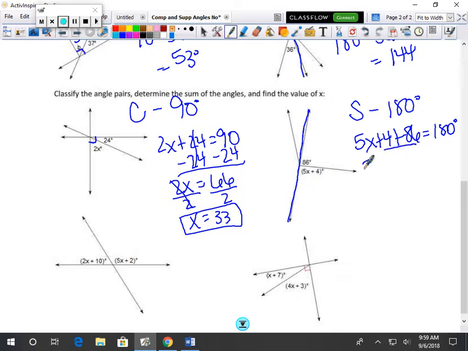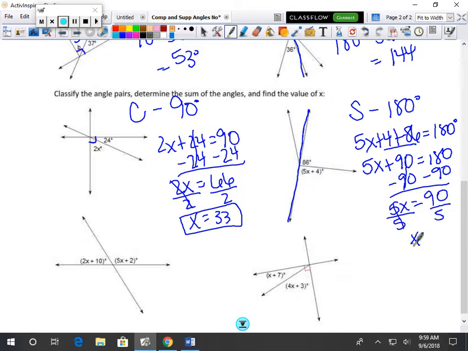I combine like terms. 5x plus positive 4 plus 86 gives me 5x plus 90 is equal to 180. I subtract 90 from both sides, and I get 5x is equal to 180 minus 90, which is 90. Then I divide by 5, and x is equal to 18.